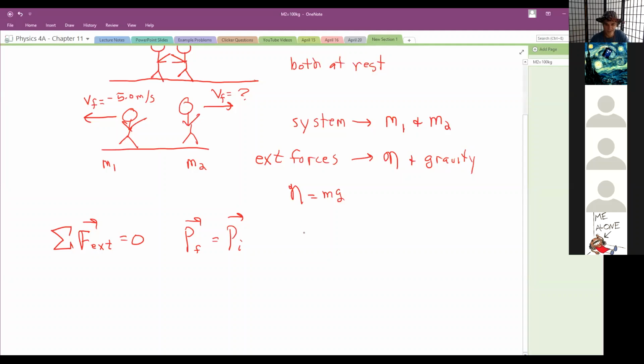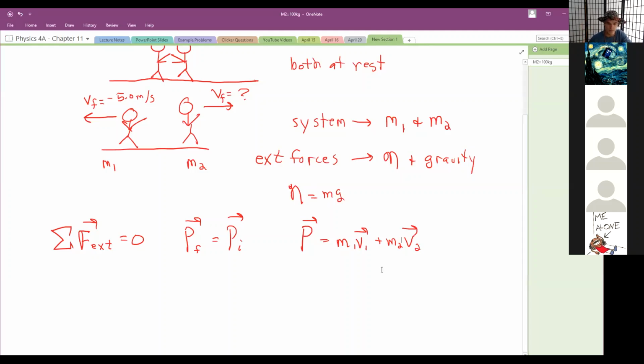So if I have two objects, the total momentum of my system will be the mass of one times its velocity plus the mass of the second object times its velocity. In this particular case, they both start at rest, which means the initial momentum is 0, so the final momentum has to be 0 also.